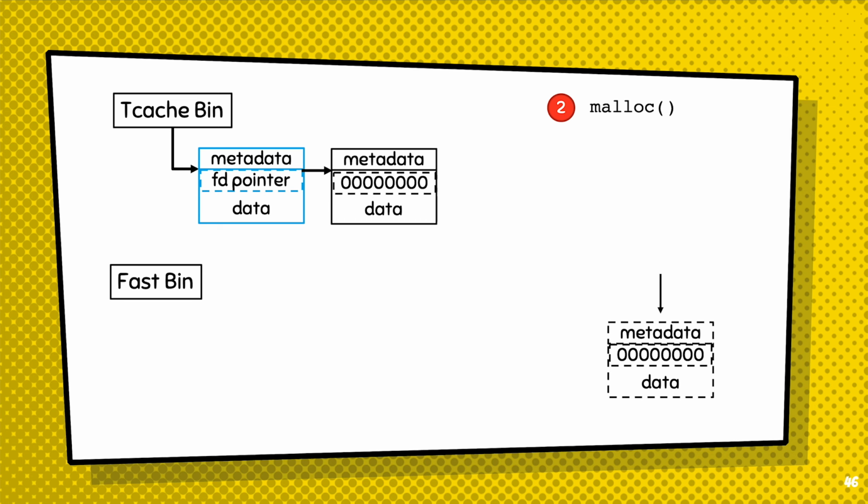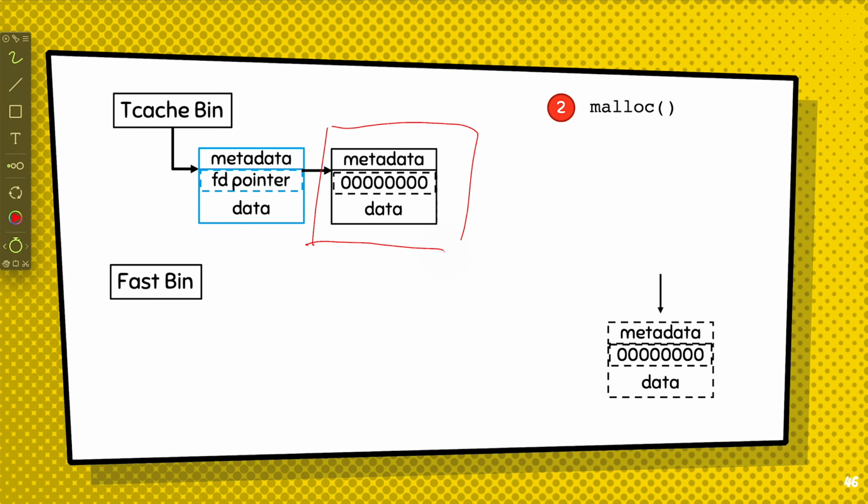And remember that the T-cache bin list is last in, first out. So when the blue chunk moves to the T-cache bin, the blue chunk will be ahead of the original black chunk. And then following the 2 steps again, the cursor will move first, but at this point, because the black chunk has a data field of 0, the cursor will not keep moving.